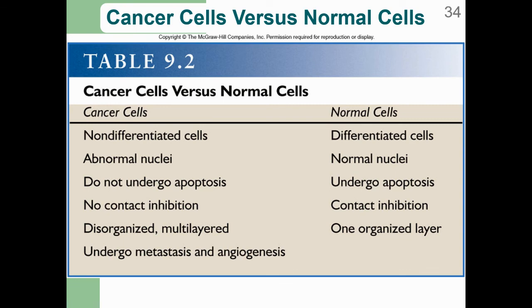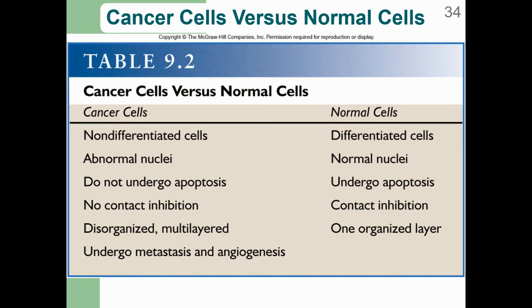So we have our comparison. Normal cells are differentiated into what they're supposed to do. They know their job, and that's all they are going to do. Cancer cells are non-differentiated. We have normal nuclei, pretty much like all the pictures we've seen. We have abnormal nuclei. They can be misshapen. They can be too large, small.